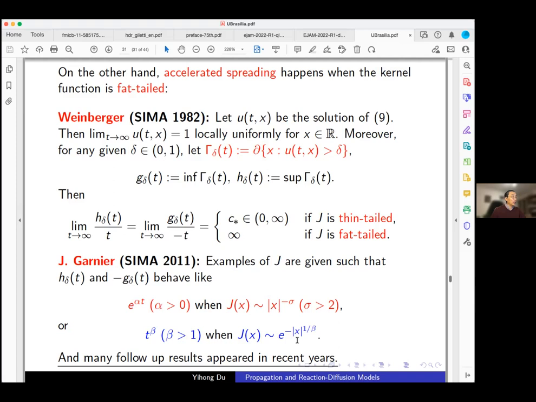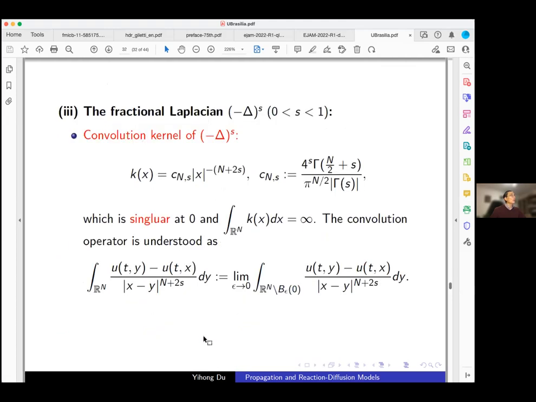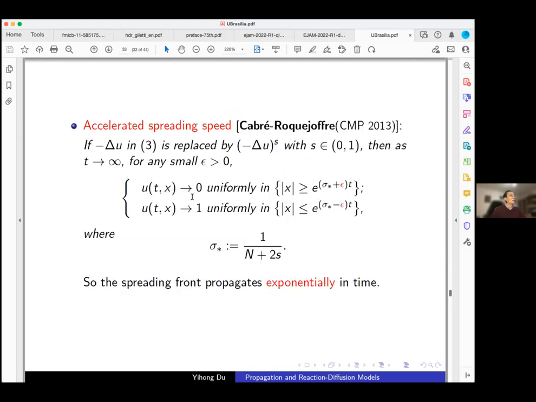And if J behaves like that, with beta greater than 1, this is still a fat-tailed kernel. Then G goes to infinity like t to the power of beta greater than 1, so faster than linear. And for the fractional Laplacian, where you have such a kernel, the spreading is again exponential.